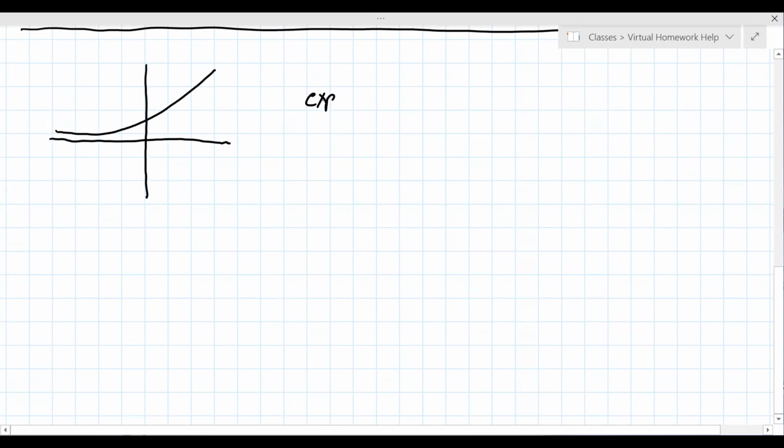Let's talk a little bit about logarithms and some of their properties. A lot of people start by learning the properties of logarithms from exponential functions. An exponential function is a growth function. Exponential functions can either grow or decay.